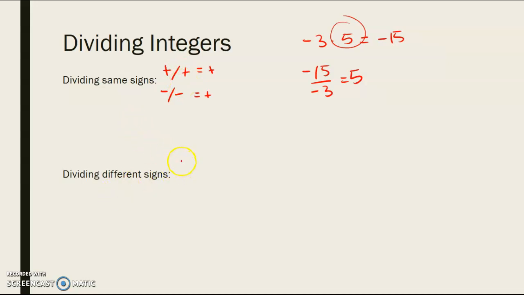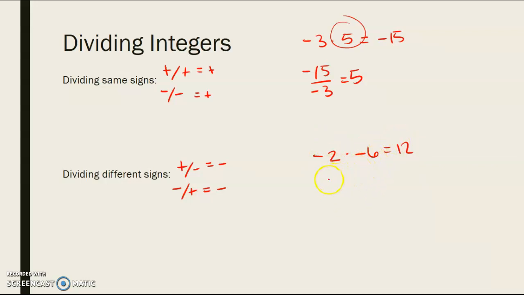So when we're doing different signs, a positive divided by a negative or a negative divided by a positive, then our answer is going to be a negative. With that same thought on fact families, we had negative 2 times negative 6 is equal to positive 12, because that was the rule when multiplying same signs is a positive answer.